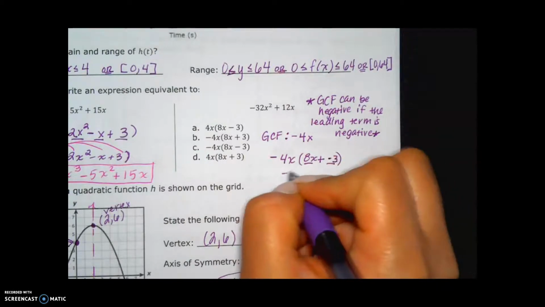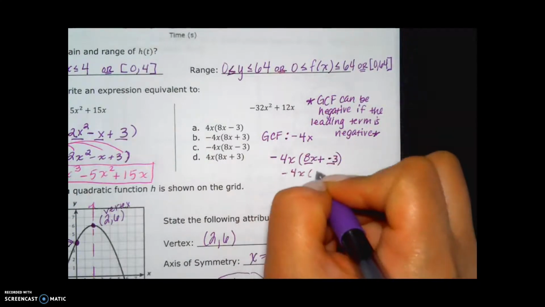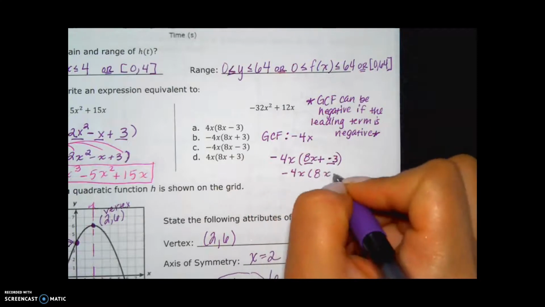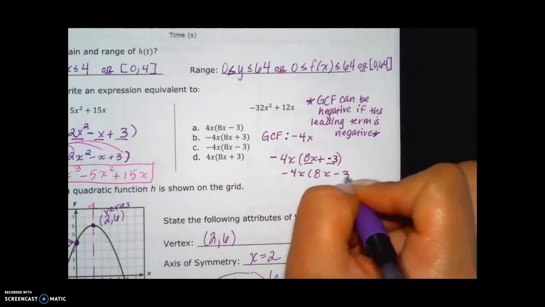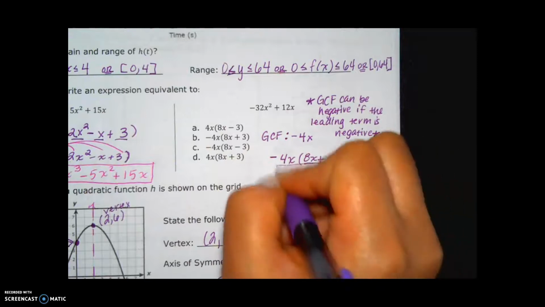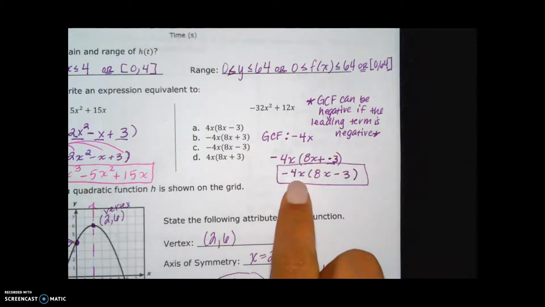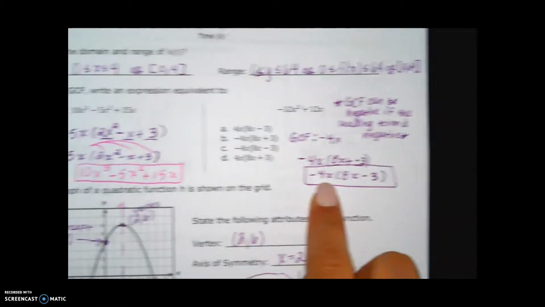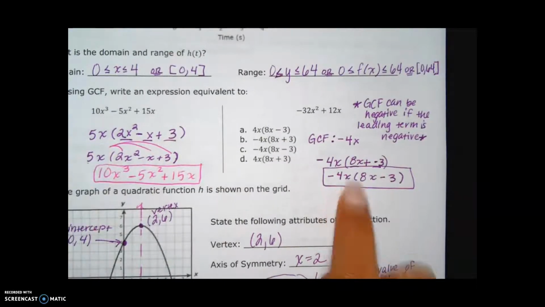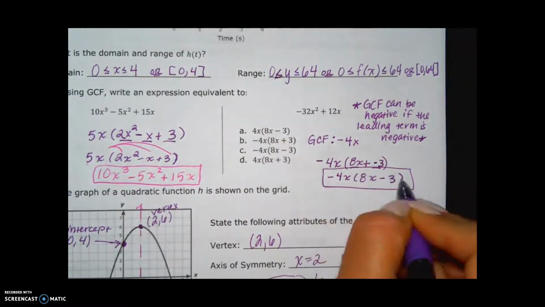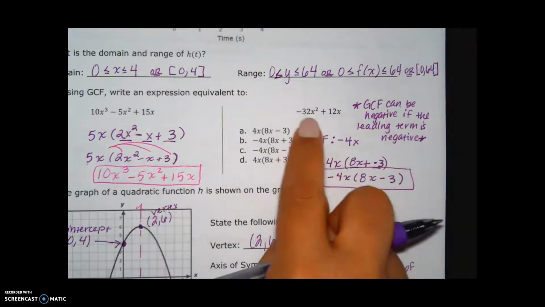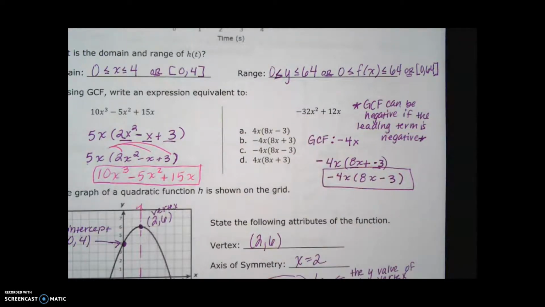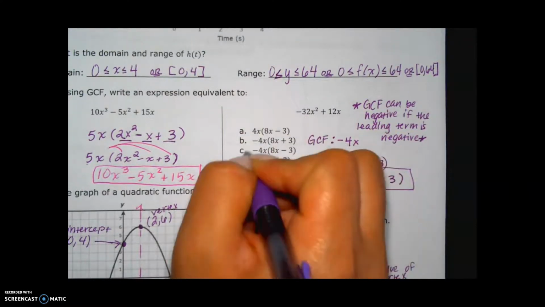So when I simplify that and rewrite it, I get negative 4x times (8x minus 3). And if you don't believe it, you can redistribute it just like you did over here. Multiply everything on the inside by whatever's on the outside, and you should end up with your original polynomial. So that would be answer choice C.